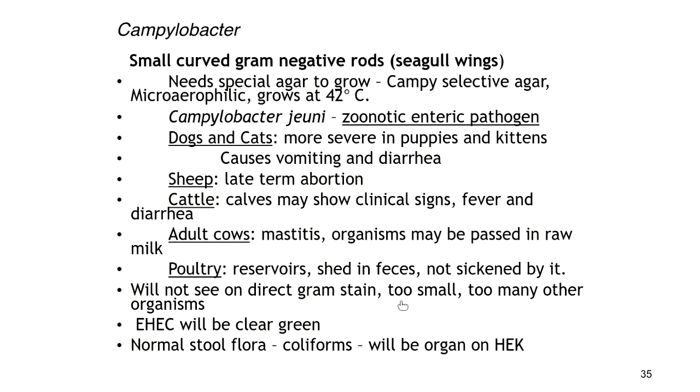Your enteric media will be a clear green, okay? But remember that Campylobacter, small curved gram-negative, seagull wing looking rod, wants to grow at a little higher temperature, so it's microaerophilic. It likes to have a little higher temperature and causes abortions, diarrhea, mastitis, a variety of things.